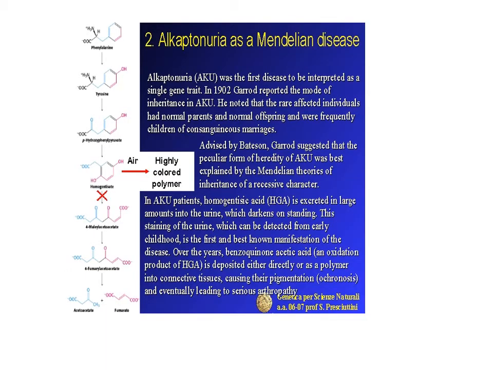Okay, so this compound or its polymers will accumulate and will be excreted in large measure in the urine, and the polymer itself, which is formed by oxidized products of homogentisic acid, eventually accumulates in the tissues to cause a very painful arthritis in people that are afflicted with this disease.